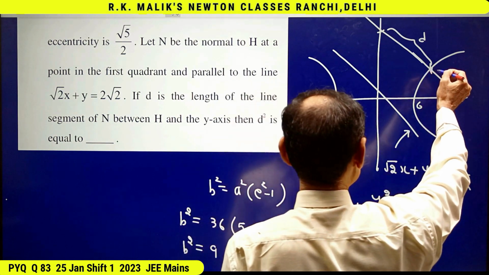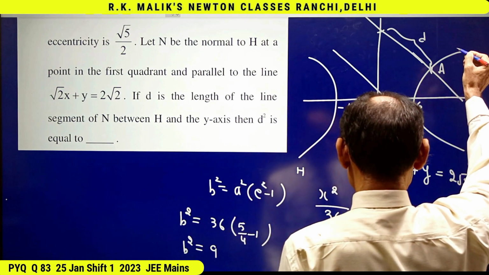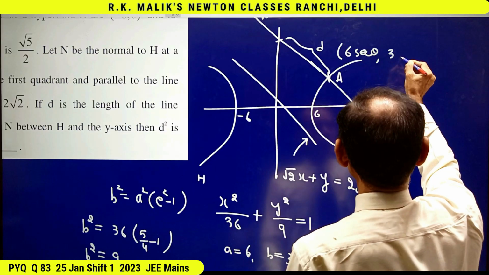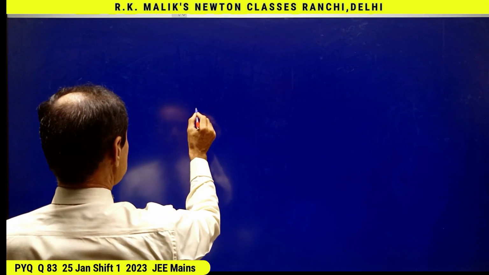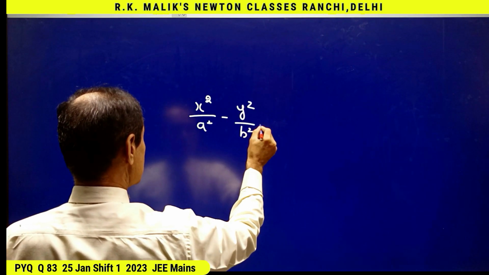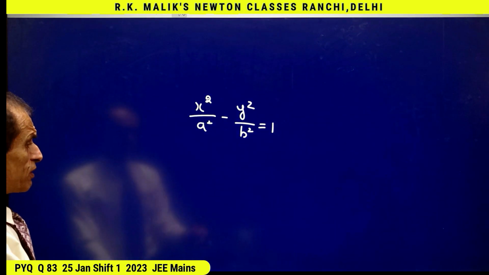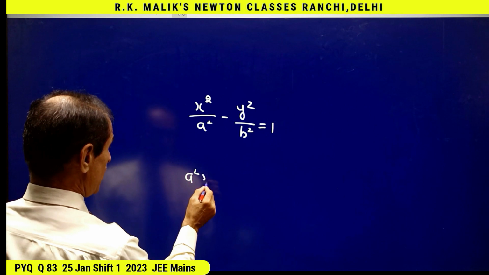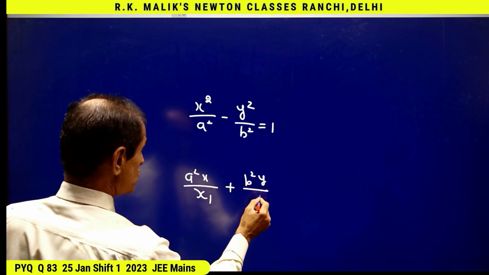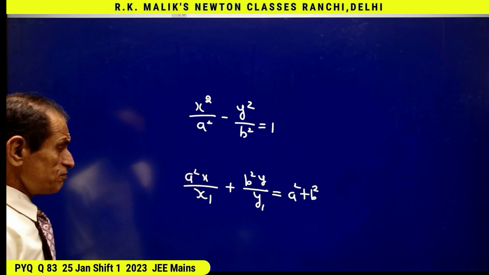That is, a is 6 and b is 3. And let this point A be a sec theta, b tan theta, that is 6 sec theta, comma 3 tan theta. And we know that for the hyperbola x square upon a square minus y square upon b square equal to 1, the equation of normal at any point x1 y1 is given by the formula a square x upon x1 plus b square y upon y1 equal to a square plus b square.